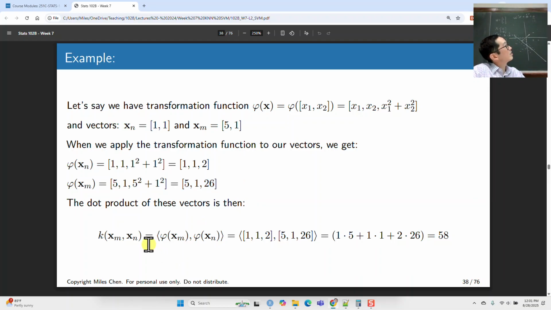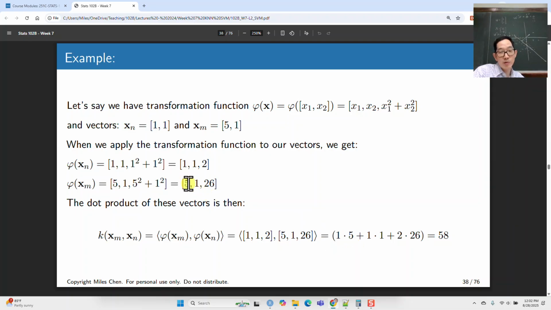And so our kernel function is going to say, all right, take xn and xm. Xn is 1, 1. Xm is 5, 1. Apply these transformation functions and you'll get 1, 1, 2 and 5, 1, 26. And then take the dot product between them.